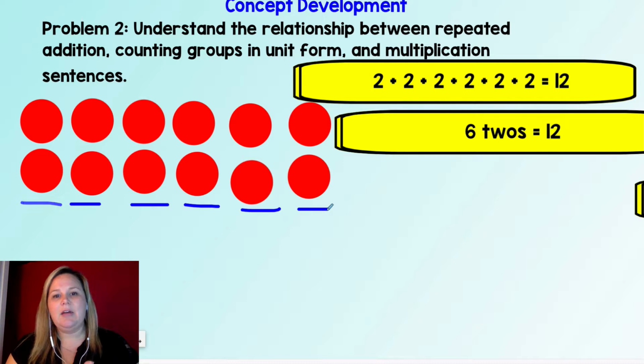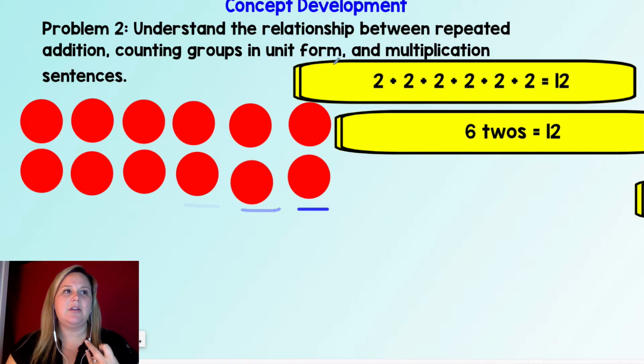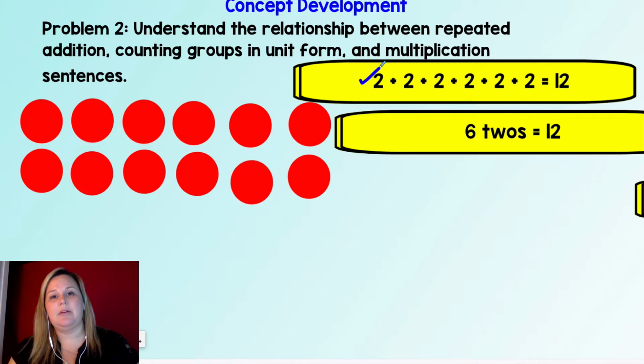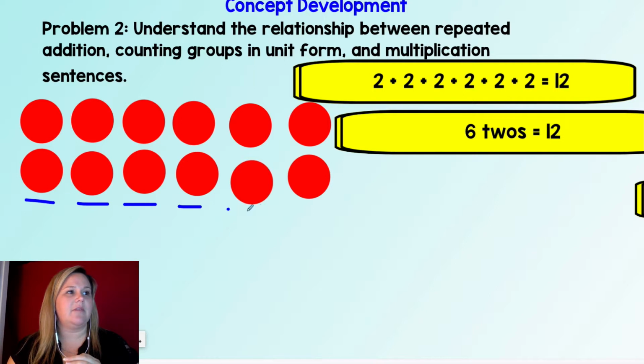Now I want to think about how I can write this a different way, because I know that I can always use my repeated addition that's up here. But a way that might be a little bit faster and more efficient, a quicker way to show that, is to use a multiplication sentence. The first number in your multiplication sentence is going to be how many groups there are. Remember, I go back to how many groups? 1, 2, 3, 4, 5, 6.